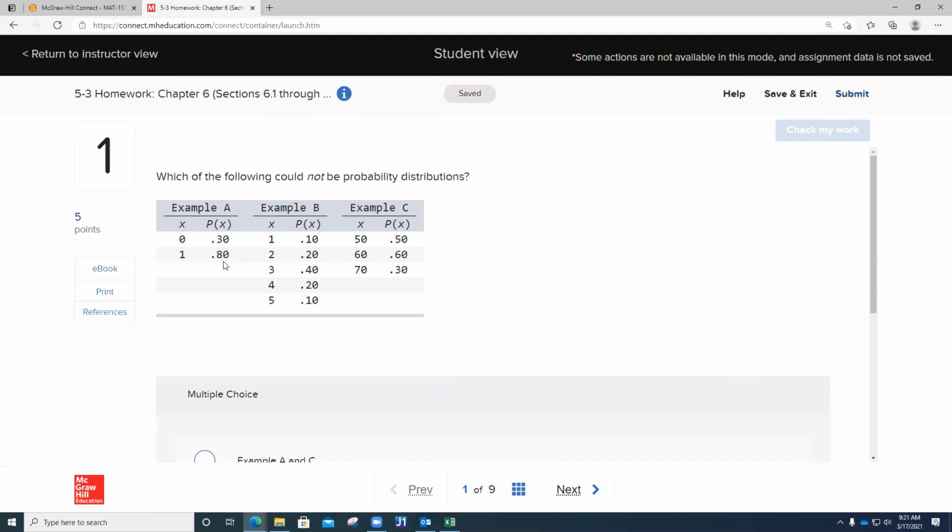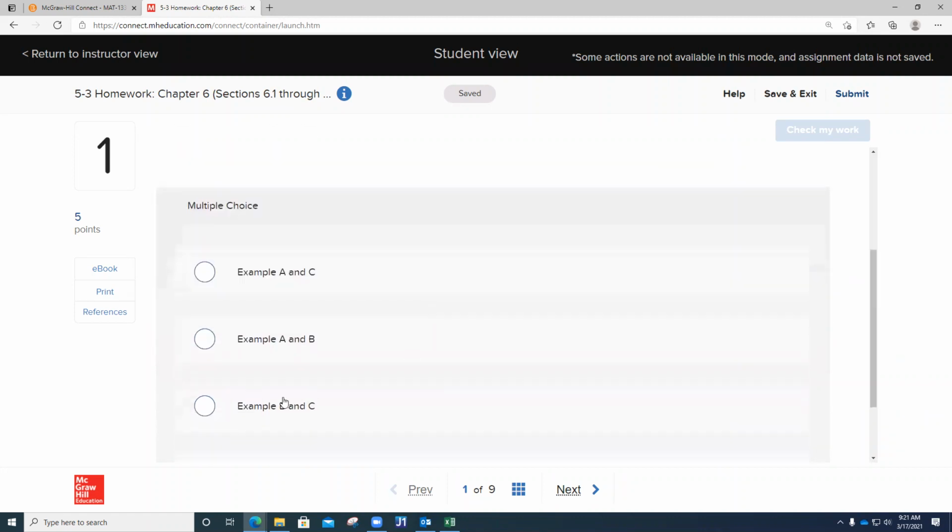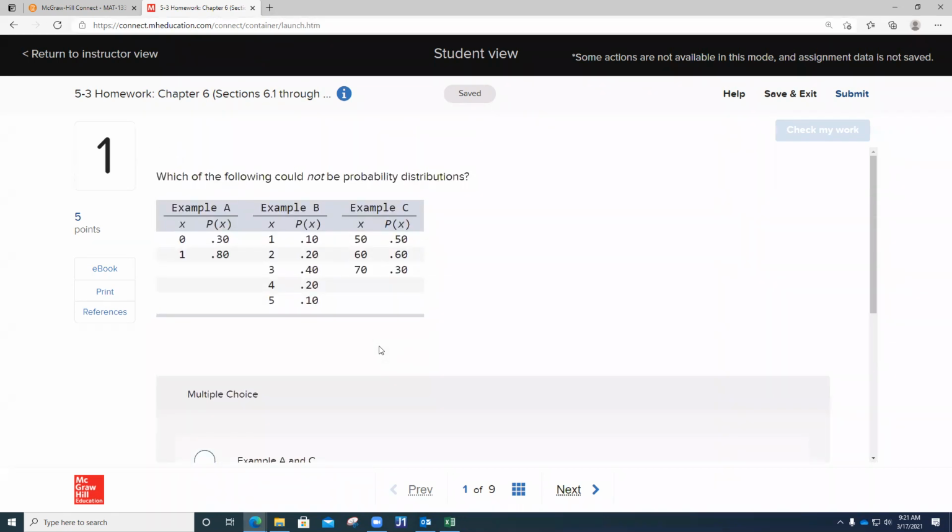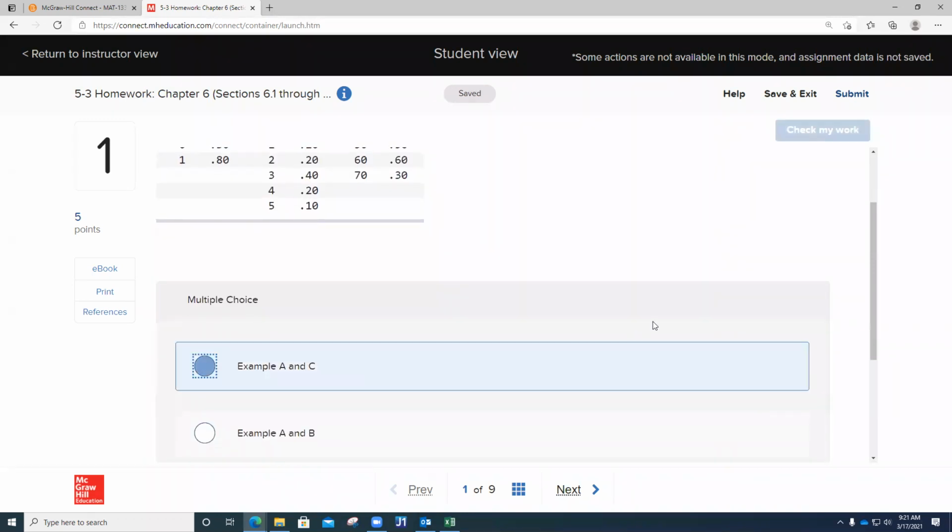So 0.3 and 0.8, 30 and 80, are way over 100%, so A's out. 50 and 60 is over 100%. That one is also out. 40 plus 20 is 60, 70, 80, 90, 100. So that one could not be. So make sure you read that. So B is, which means A and C are not.